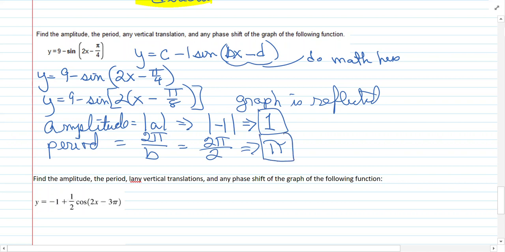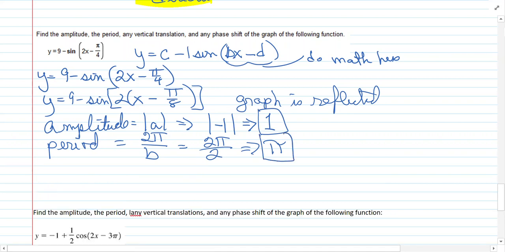All right. Looking good. Now we want our vertical. And it's our C value. And C equals 9. Then we have our horizontal.